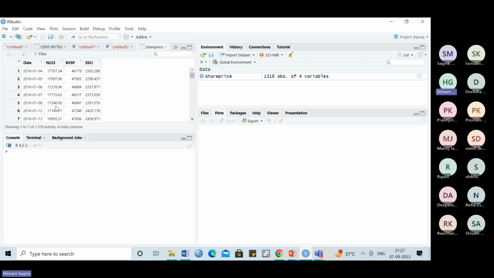If you're starting the research paper and you have already decided that this model is the best, you can go with one model only. My objective is to find out the volatility, so I'll go with one model with N2 to 5, with the same model for BBSC, with the same model for SSCI. I'm going to find the volatility of all the three.